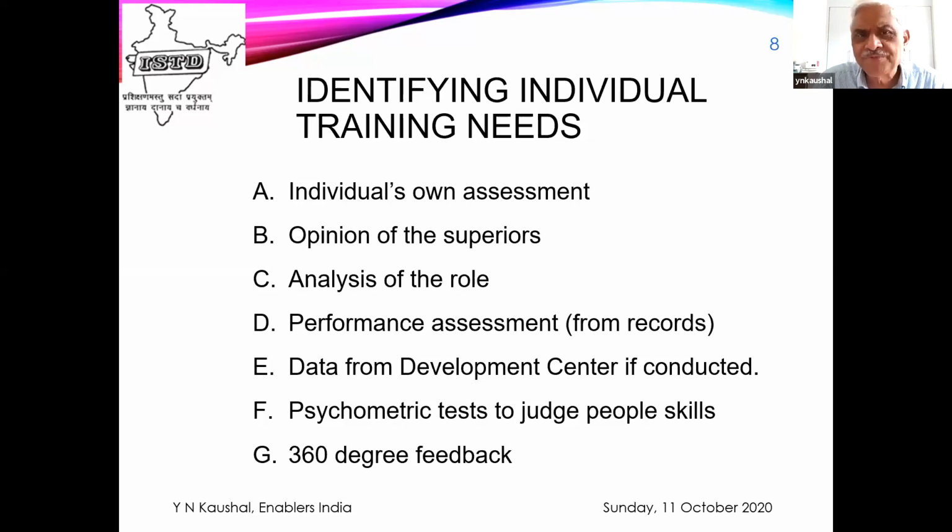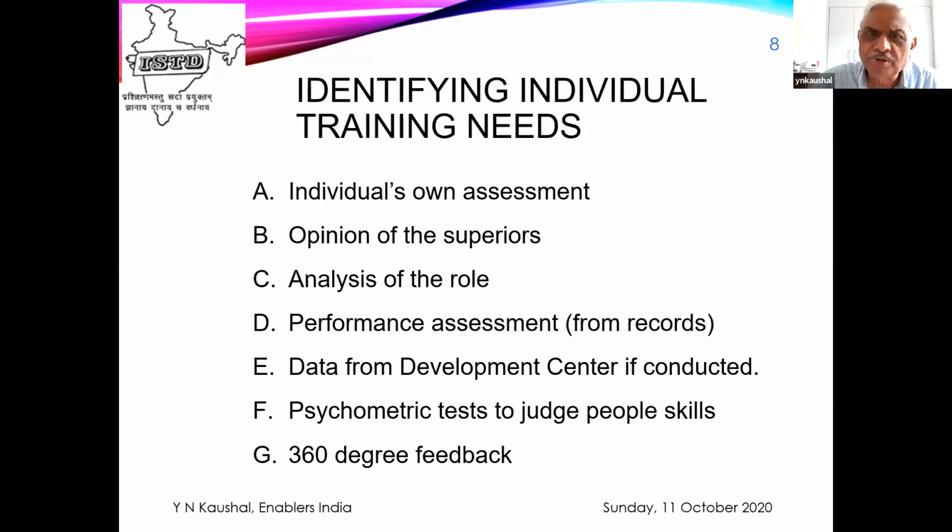The second source from where we get is the opinion of the superiors. Superior means boss, immediate boss. Also, one skipped level manager means the reviewing officer or somebody like that. That is boss's boss, right?